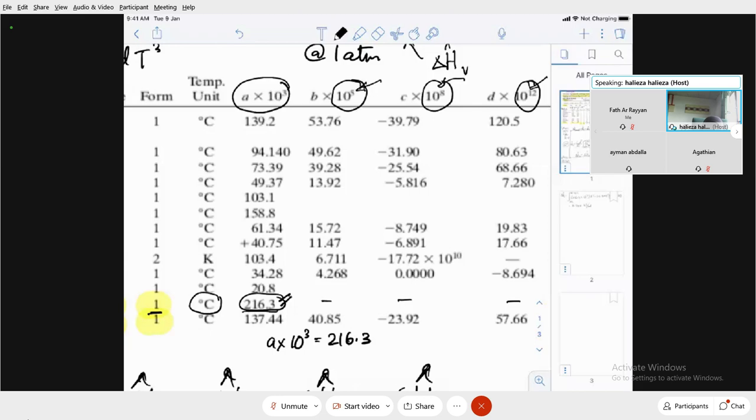Because I only need A, I don't want times 10 to the power of 3. A is equal to 216.3, and bringing this over to that side means you divide it. So times 10 to the power of negative 3. Okay, good. Thank you.